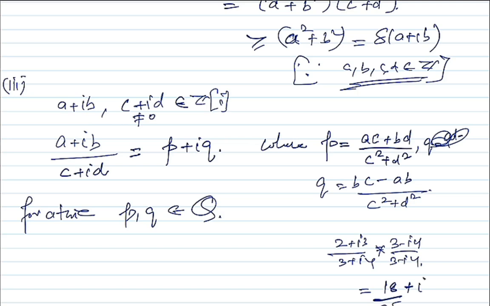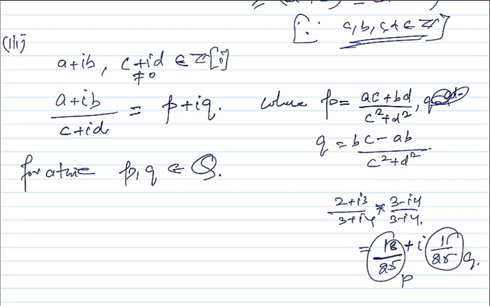Plus iota times the other part, which comes out as minus 8 plus 9, so 1 upon 25. So this is p and this is q. You can see these are rational numbers, these are not integers.